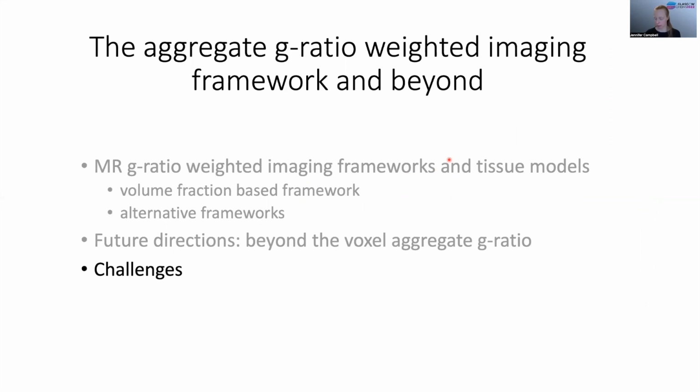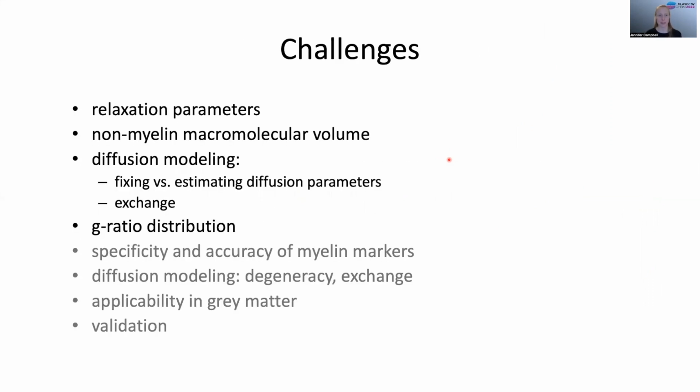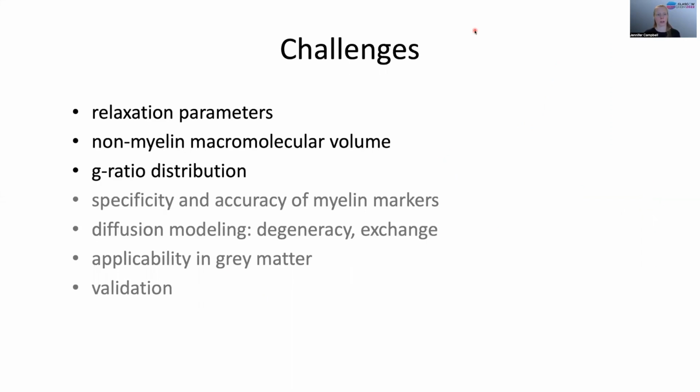So now I'll summarize some of these challenges that we've talked about and some that we have not talked about. We really need to pay attention to relaxation if we're going to correct our signal fractions to be closer to volume fractions, which we need for such a geometric model. And we also need to pay attention to non-myelin macromolecular content that's not visible in the diffusion acquisitions to get closer to the volume fractions.